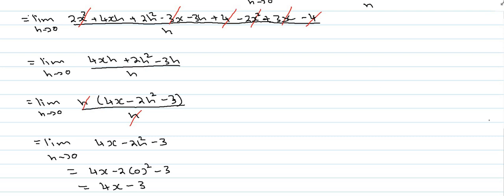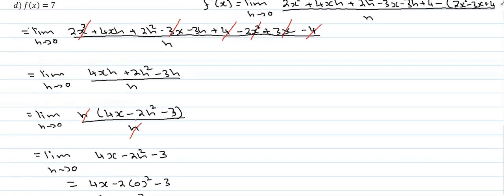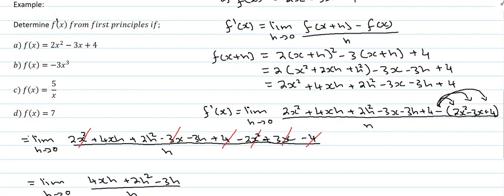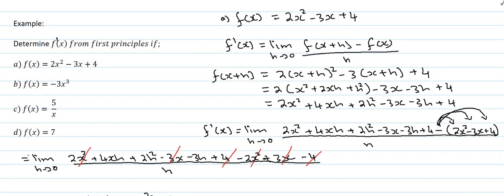So let's do a quick recap of the first example. We are asked to determine f prime of x from the first principle, where we are given f of x equals 2x squared minus 3x plus 4.